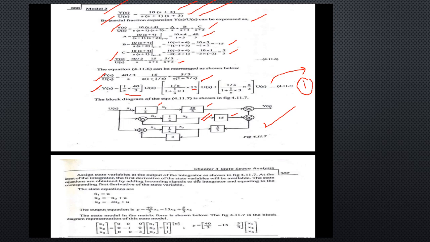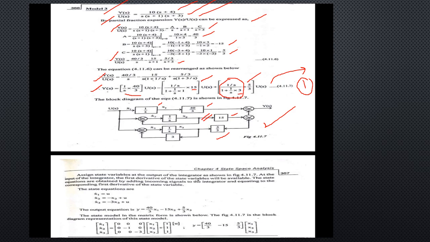Similarly, what is the third term in the Y(s) equation? (1/s)/(1+(1/s)·3) into 5/3. So keep 5/3 in one block. (1/s)/(1+(1/s)·3) represents a negative feedback loop with feedback 3.